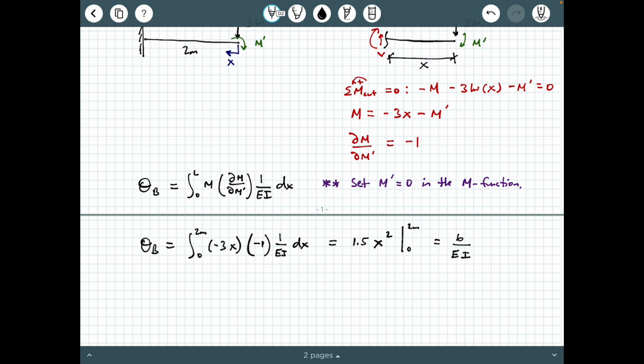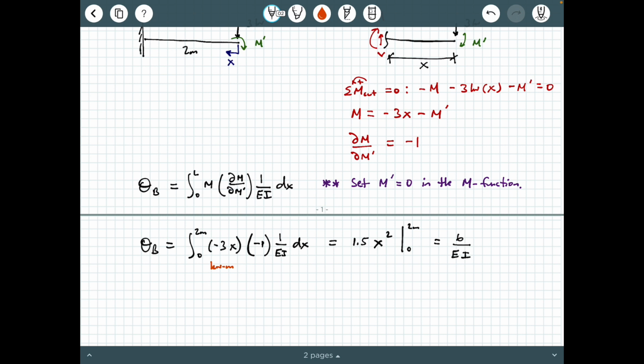Now what are the units of that numerator of 6? Well, let's think about it. We've put a variable couple moment there, and we've taken an integral of some different terms here. So let's think about how these units come out. This 3x minus M prime is where the moment function is, and that carries units of kilonewton meters.